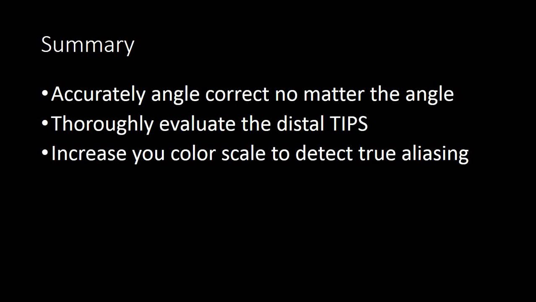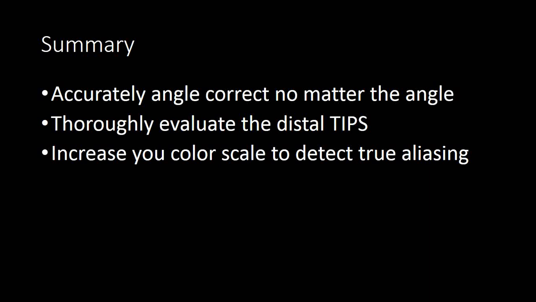So, I hope after this e-learning module, you now understand how angle correction impacts the calculated velocities that we achieve with Doppler ultrasound. You understand that the distal part of the TIPS stent and how the TIPS is placed impact where dysfunction occurs and why we get the different measurements in the different locations that we get during the study.